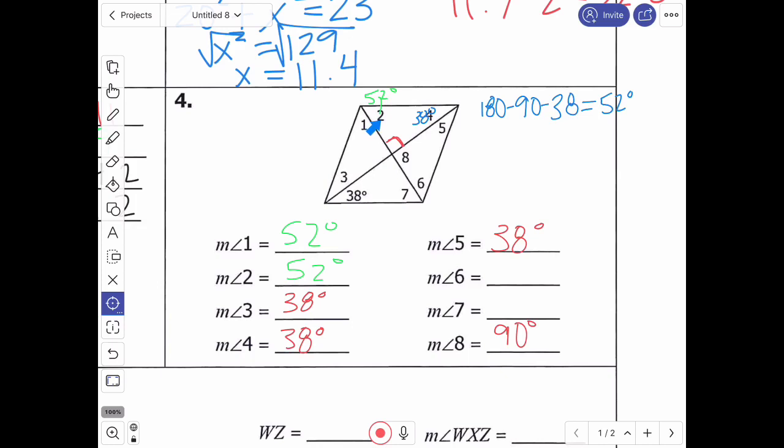And you can see that as well by doing alternate interior angles. Angle 2 is an alternate interior angle to angle 7. So 2 and 7 should be congruent, and then that makes 6 congruent to 7 as well. So angle 2 is 52 degrees, so angle 6 and 7 should also be 52 degrees.